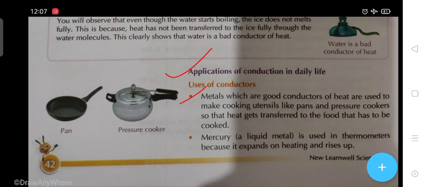So the pressure cooker and the pan are examples of metals which can be used for cooking food, and through the conduction process heat can transfer in such utensils. Second, mercury, a liquid metal. This mercury is called a liquid metal, and is used in thermometers because it expands on heating and rises up.